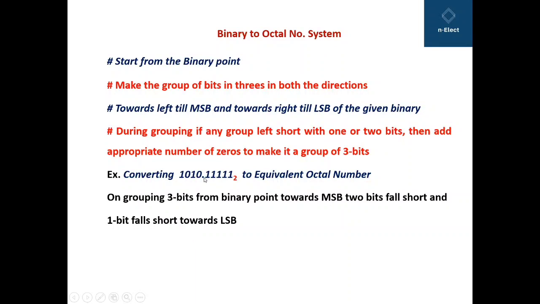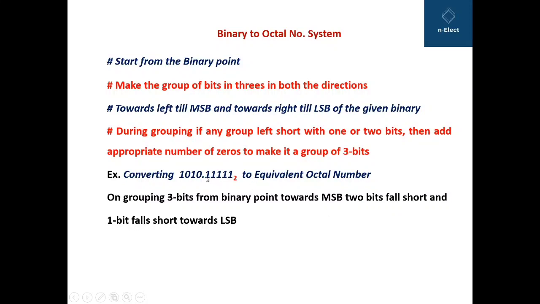If you start making the groups, the first group will be 0 1 0, and thereafter only 1 bit is left. We have to make a group of 3 bits, so you have to add 2 zeros on this side. So on grouping 3 bits from the binary point towards MSB, 2 bits fall short, and 1 bit falls short towards LSB.